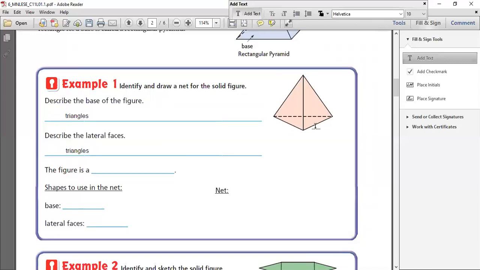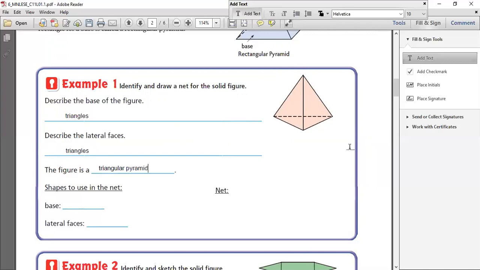What were the conditions for a prism? A prism should have rectangular faces, but this doesn't have rectangular faces. So what are we going to name this? This is going to be a triangular pyramid. We know it looks like a pyramid, right?